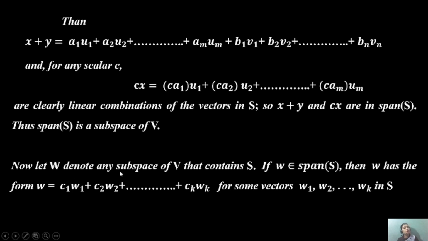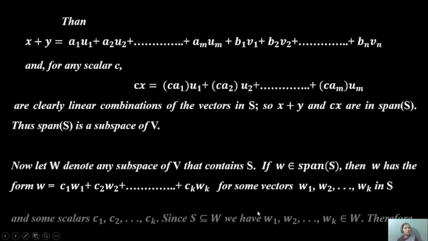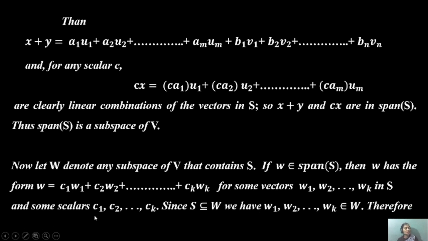Now let W denote any subspace of V that contains S. If w is an element of the span of S, then w has the form c1w1 plus c2w2 plus ... plus ckwk for some vectors w1, w2, ..., wk in S and some scalars c1, c2, ..., ck.